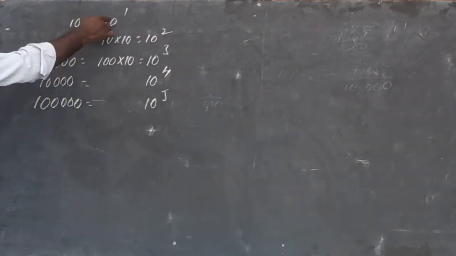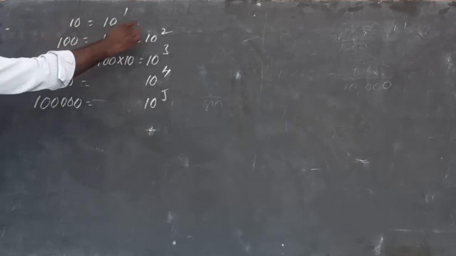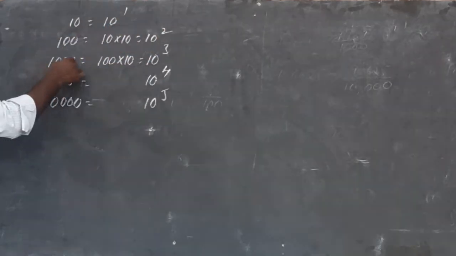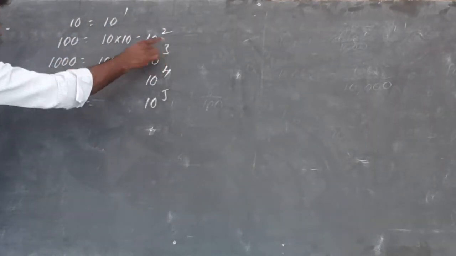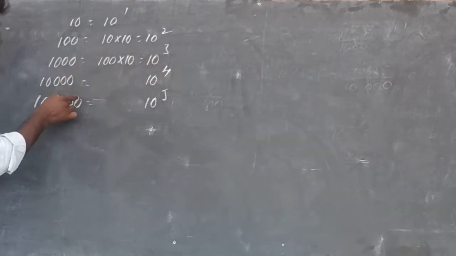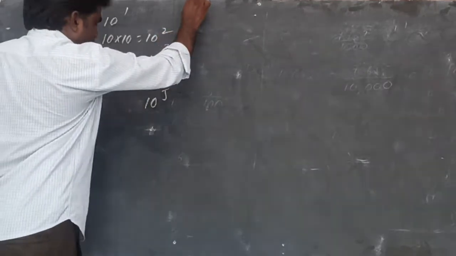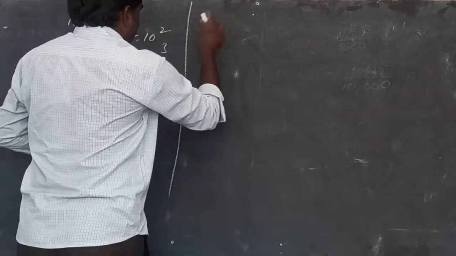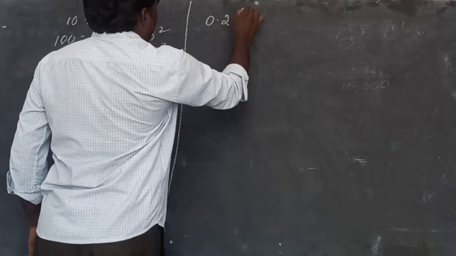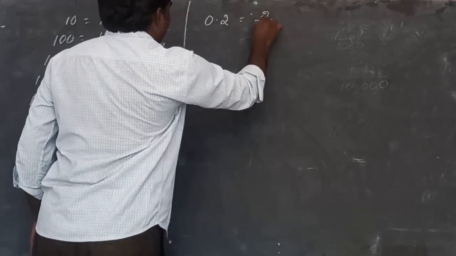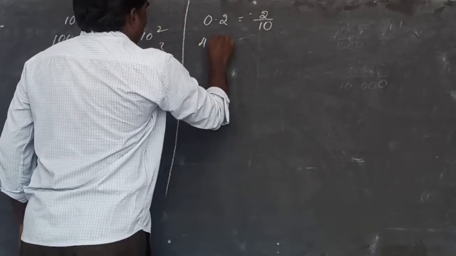Here 1 zero, the power of 10 is 1. 2 zeros, the power of 10 is 2. 3 zeros, the power of 10 is 3. 4 zeros, the power of 10 is 4. 5 zeros, the power of 10 is 5. So here, for example, 0.2: how can we write it? 2 by 10. Next, 4.56.